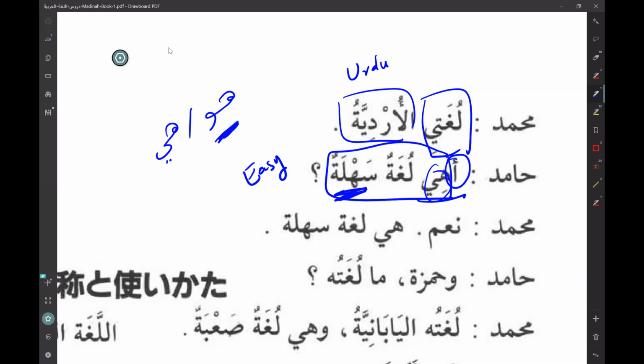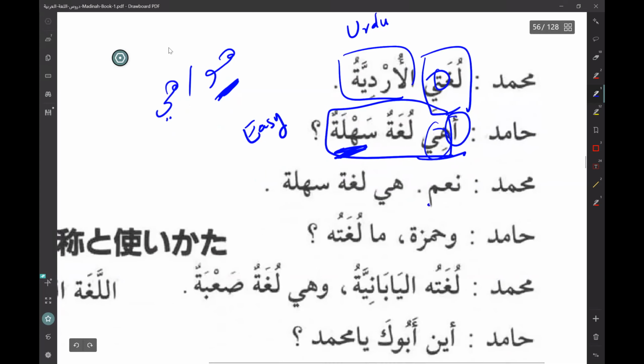Lugatu, yes. Because the language is referring to luga, which is a feminine word. So it's just simply asking, is it an easy language? Nam, yes. Hiya lugatun sahlatun. It is an easy language.